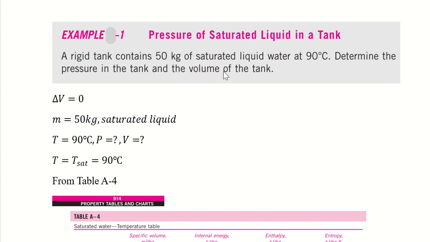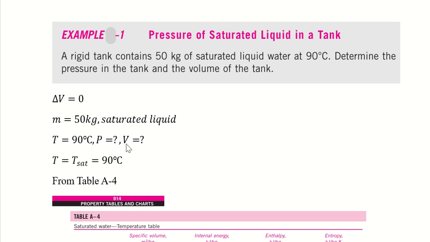And I want the volume of the tank, not the change in volume. It's a rigid tank, so it has no change in volume, but it has a volume. I want that volume, capital V, not a specific volume. So you have to differentiate between a specific volume and the total volume, capital V.